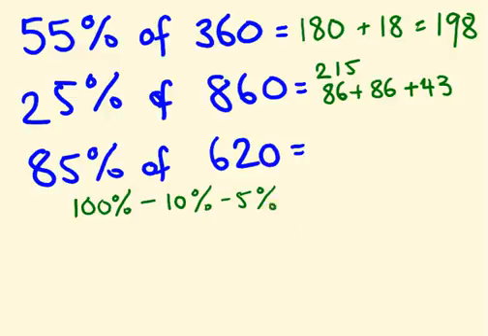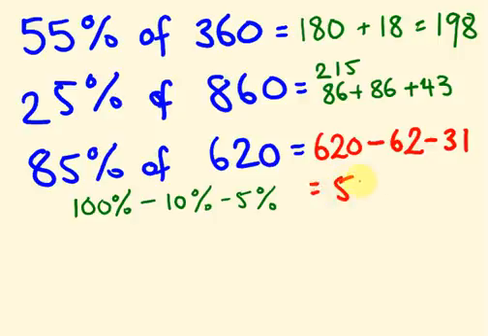So we're still going to start with 620, and we're going to take away 10%, which is going to be 62. I'll write this, working it out as we go. 620, take away 62, and then we're going to take away half of this, which is 31. All up, 62 and 31 is 93. So 620 take away 93 is 527.